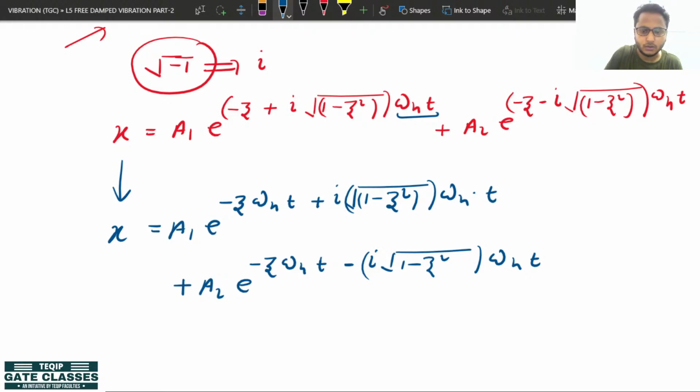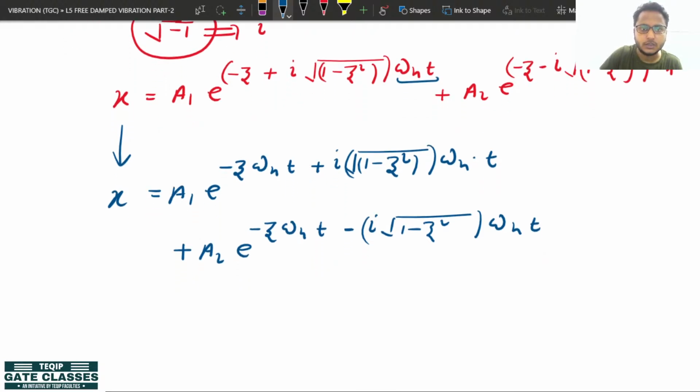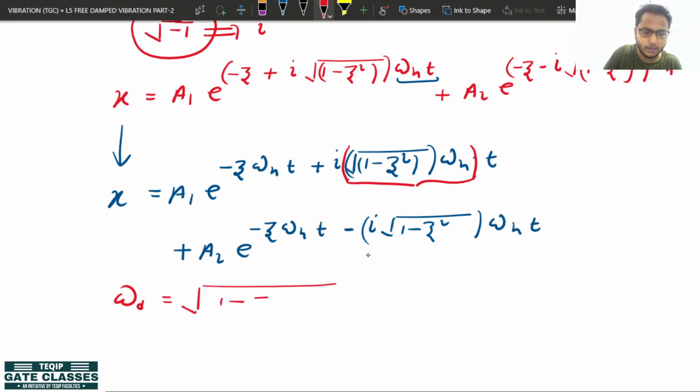Now I'm going to define a term. This term is known as damped frequency, denoted by omega d, and it equals root of 1 minus zeta square multiplied by omega n.